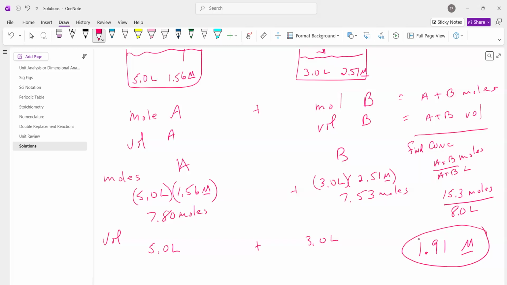Okay, are there any questions about this other than my transcription?